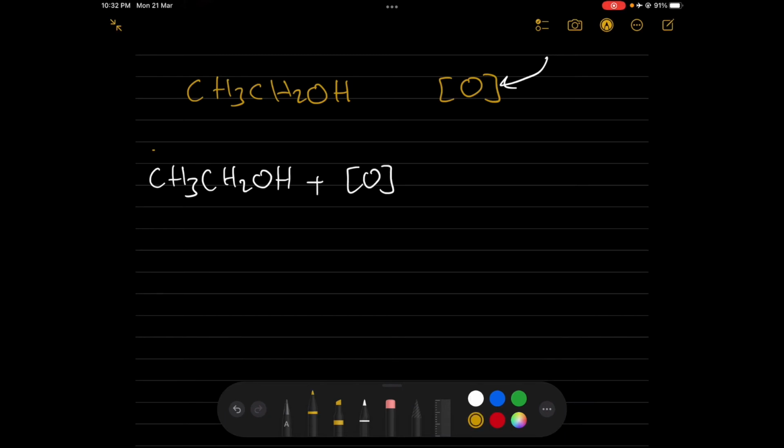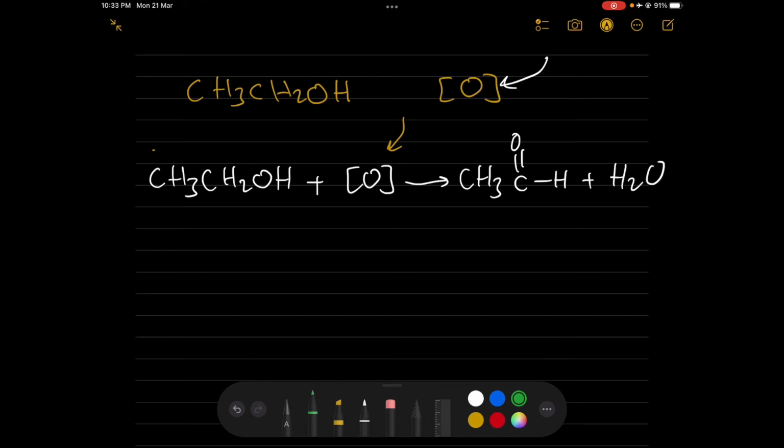The oxygen in this case refers to the oxidation process. Then you will have aldehyde, because this is the first step of oxidation. You will have CH3, C double bond O, and H, in addition to a water molecule.